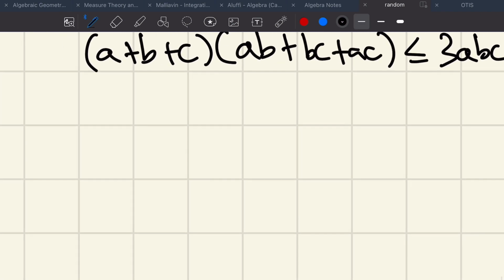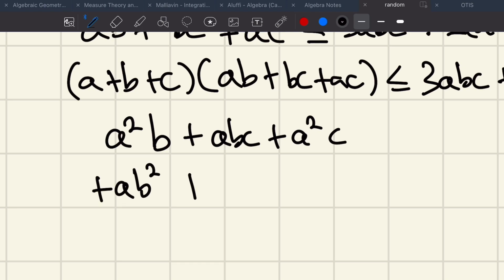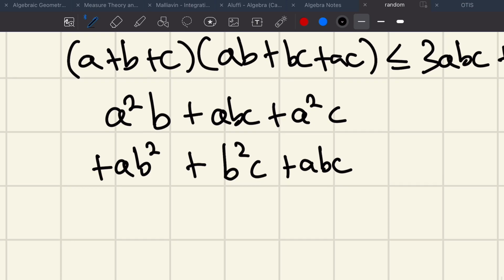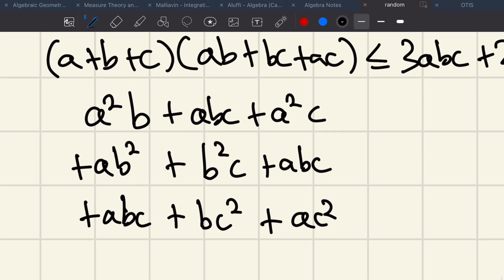So multiplying this out, we get A squared B plus ABC plus A squared C plus AB squared plus B squared C plus ABC plus ABC again plus BC squared plus AC squared as our final result.